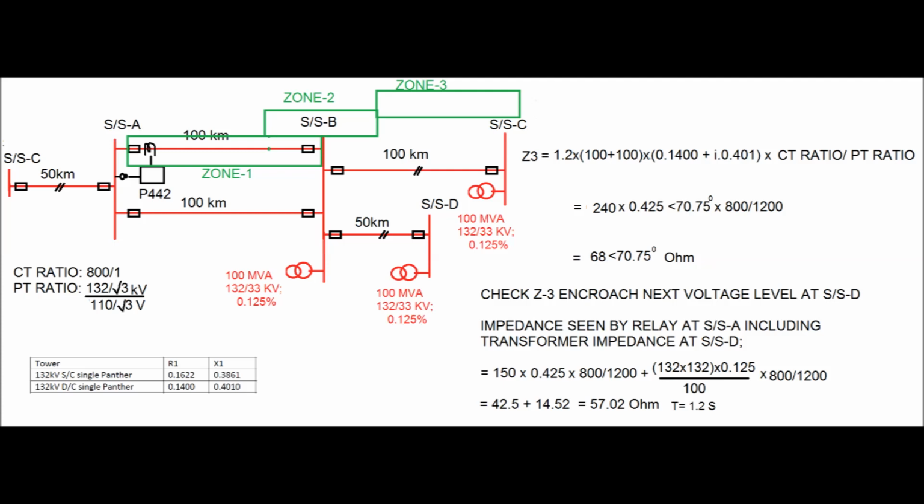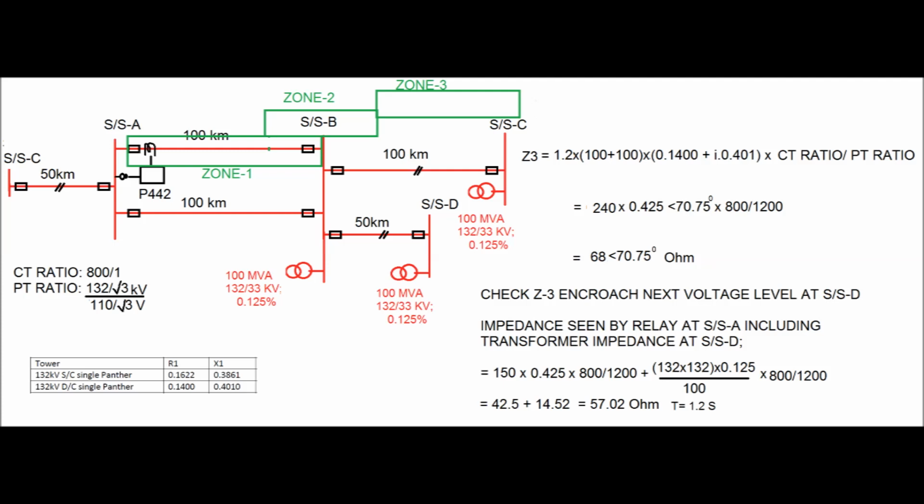Now if we calculate it, the calculation will be as follows. We have to consider the 100 MVA transfer impedance and convert it to the primary or secondary value, that is 150 km line length into 0.425 into 800 by 1200, that is the CT ratio by PT ratio.